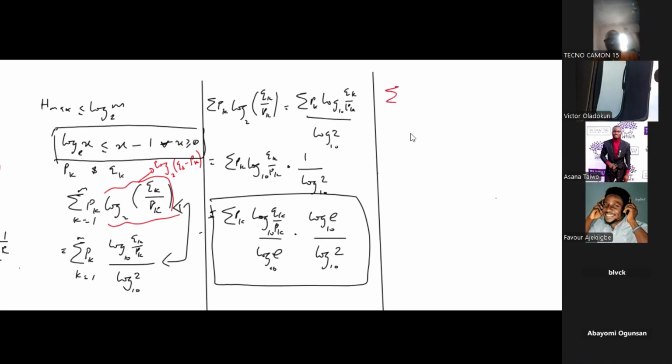P sub K log Q sub K over P sub K base 2 will now be the same as sigma P sub K, then this will now be log Q sub K over P sub K base E, then log E base 2, right?